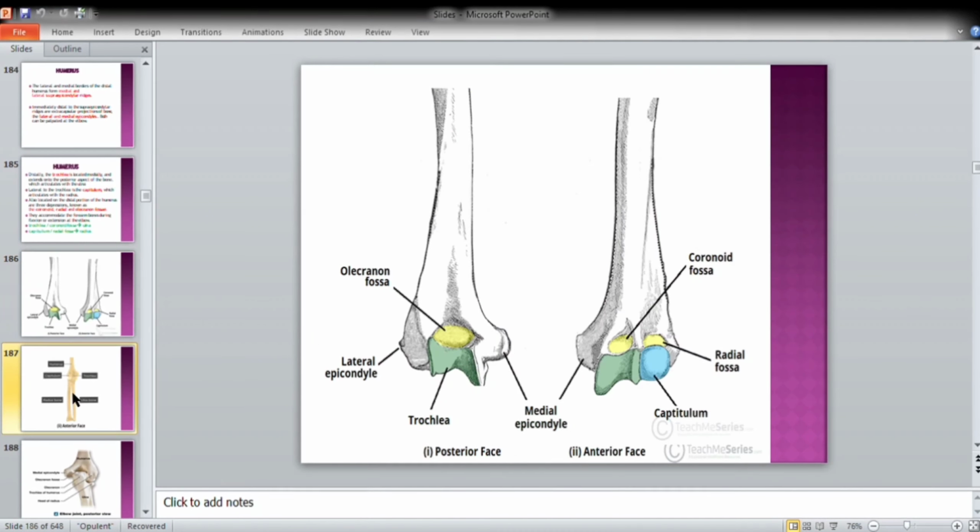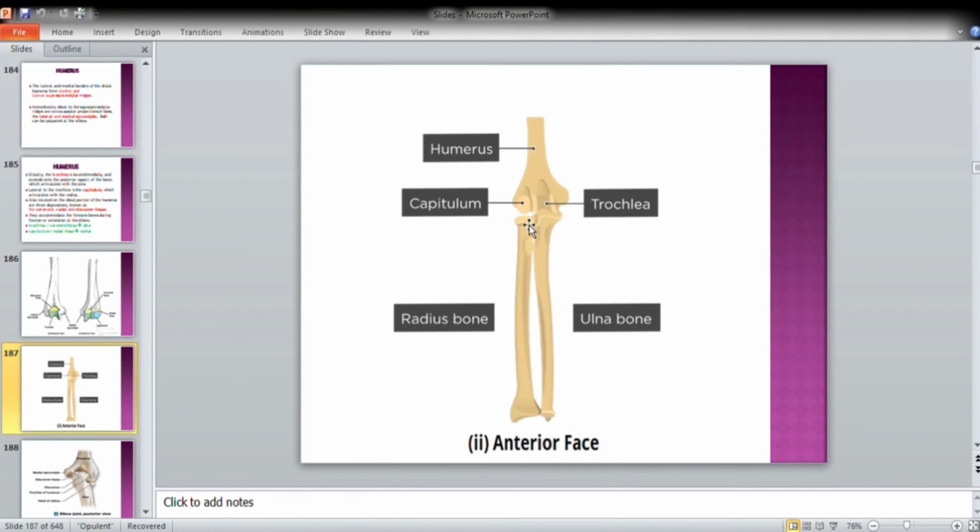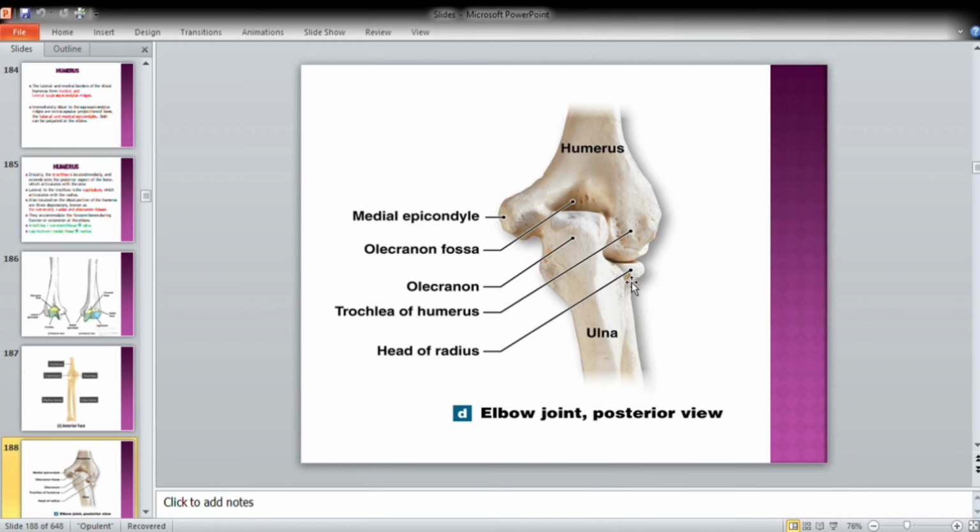This diagram is already discussed. This is the humerus, this is the capitulum, the trochlea, the ulna bone, and the radius bone. Here is the head of the radius, the trochlea of the humerus, the olecranon fossa, the medial epicondyle. Here is the posterior view of the elbow joint. This is the medial epicondyle on the inside, and this is the humerus.